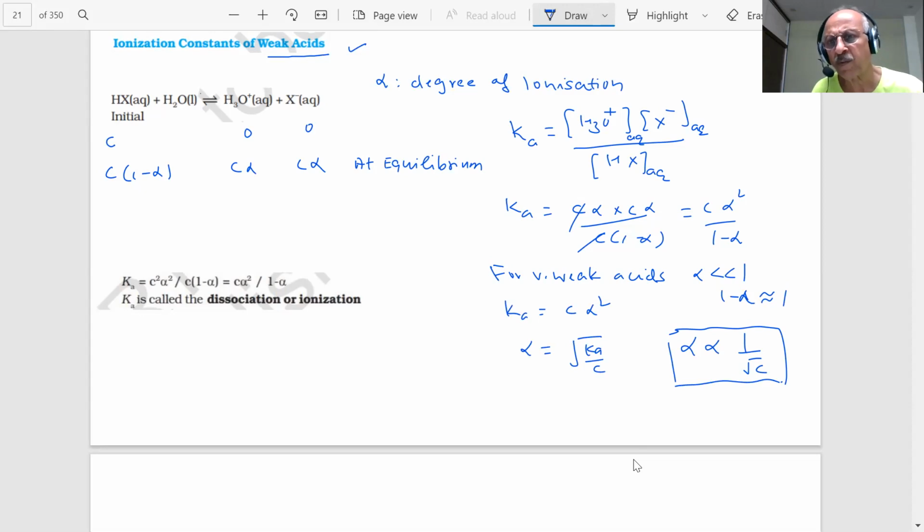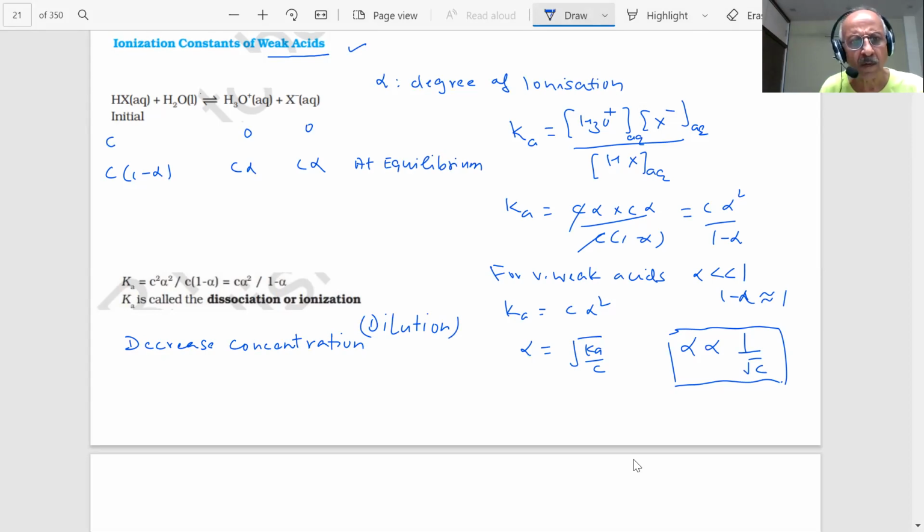A question could be asked on this, so we are putting some time on it. That means, students, if I decrease the concentration, which means dilution, what will happen to alpha?